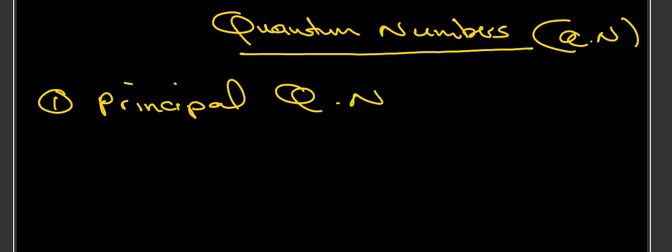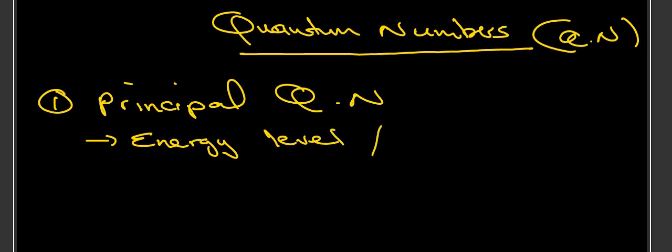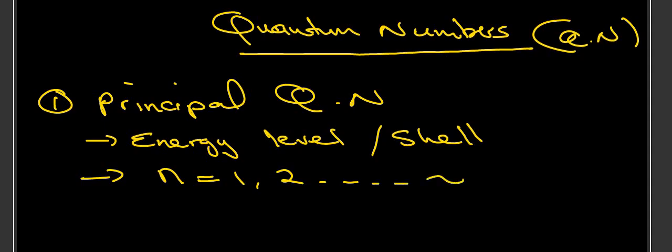What this tells us is the energy level that you're dealing with. Some people say it tells us the shell that you're dealing with. That's the principal quantum number, and these are denoted by the letter n. They always start from 1, 2, until you reach positive infinity.